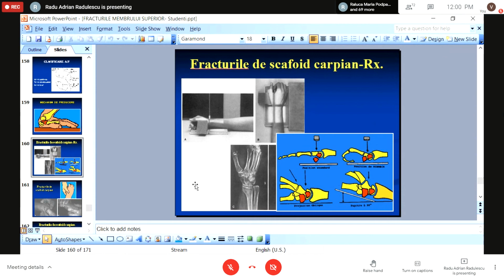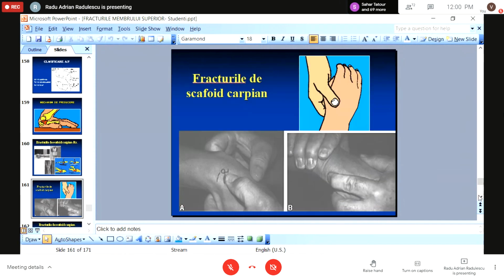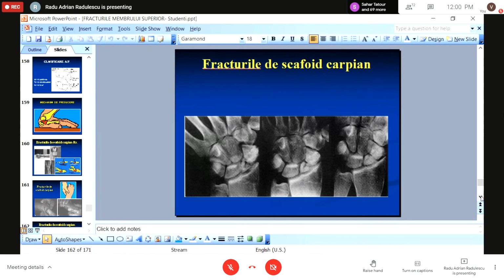In fact, it is a 3/4 view. It's not AP, not lateral view. It's a 3/4 view, which will display better the whole scaphoid bone and will show us the fracture. And the fracture is like you can see here.